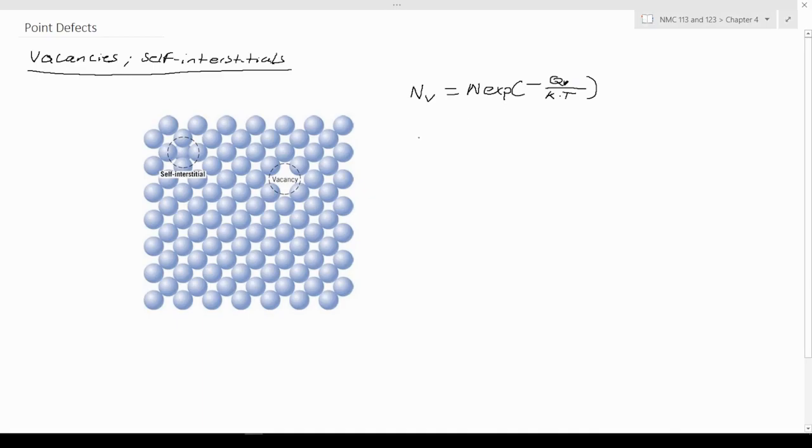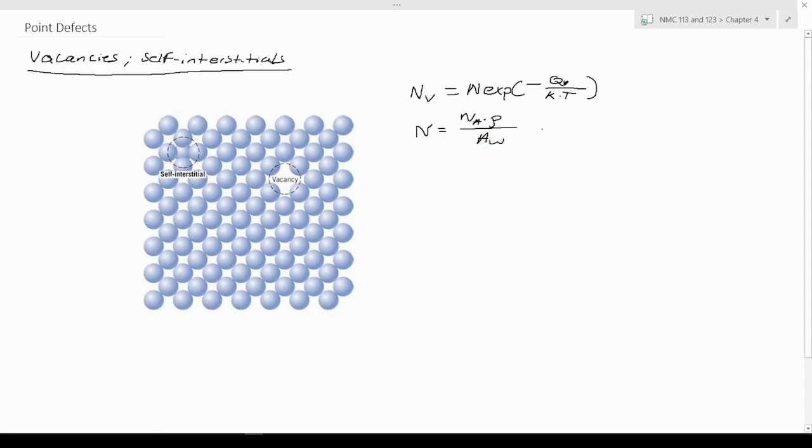And now you also need to be able to determine the number of possible sites. So that's N, which can be calculated as Avogadro's constant multiplied by density over atomic weight.